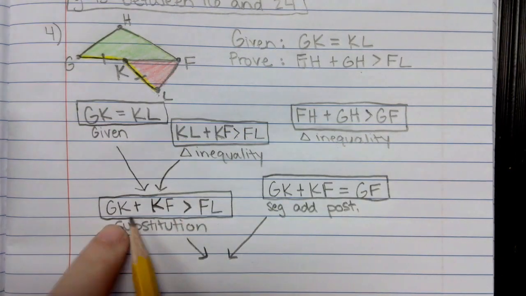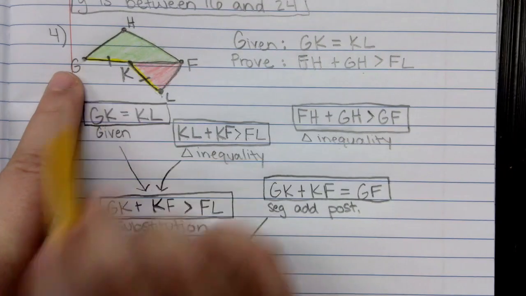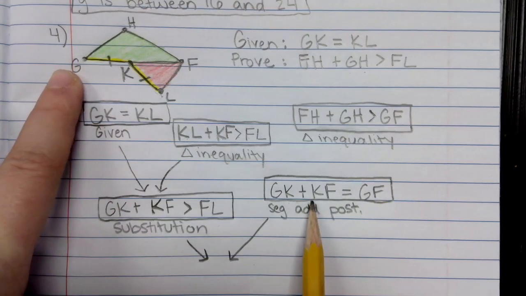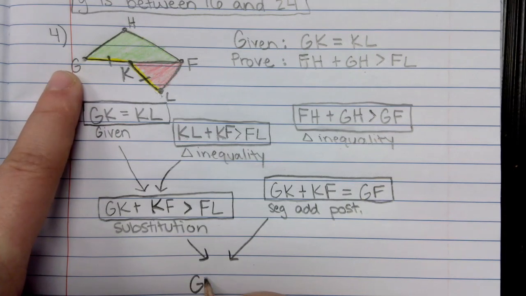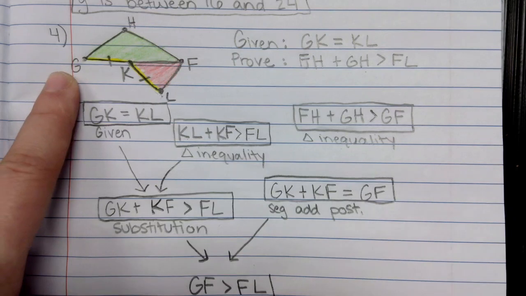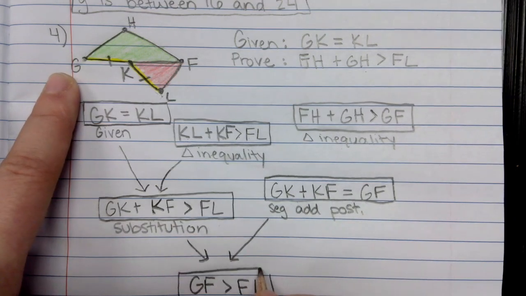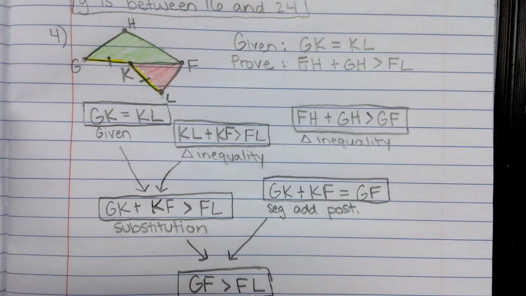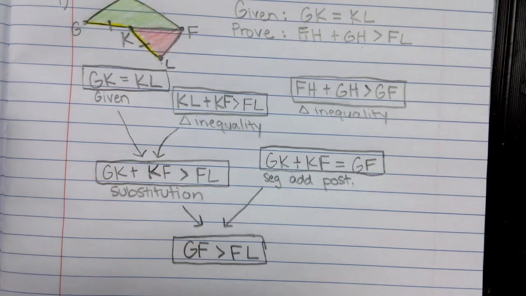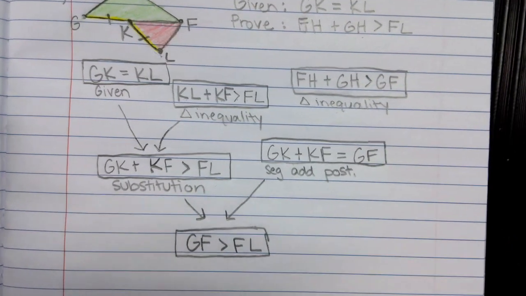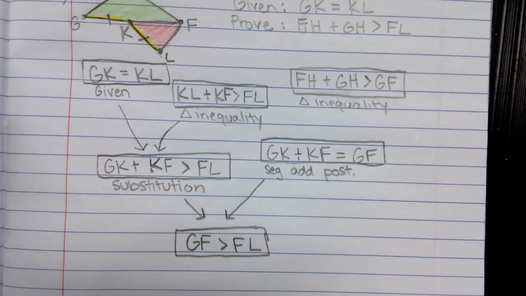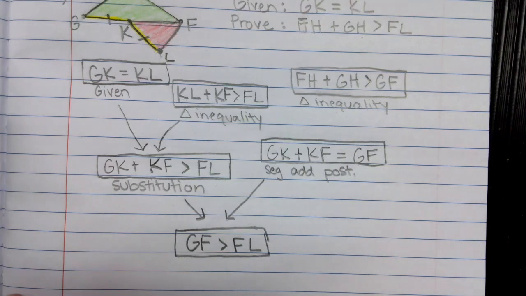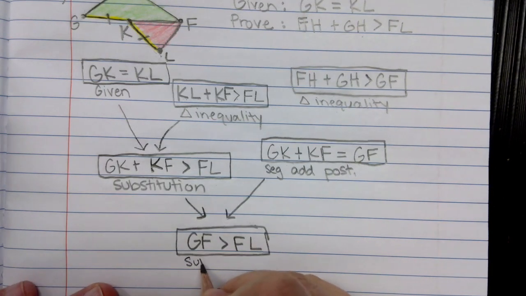And what do we call that when we switch it out again? Substitution. Now we know FL is smaller than GF, but what is GF smaller than? FH and GH.